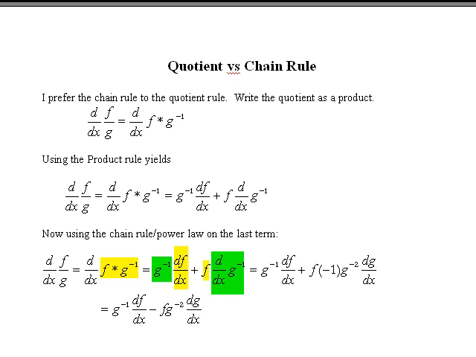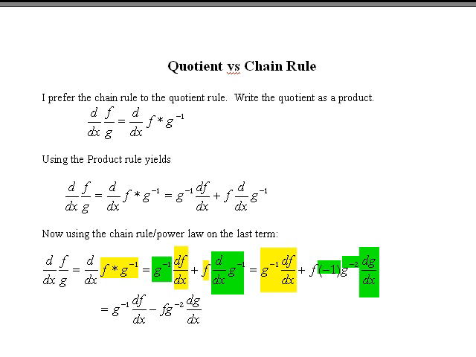This term, which I'll put all in yellow, is no problem. And now, to take the derivative of this g to the minus 1, I have to use that chain and power law. The minus 1 comes out in front, the g turns into a g to the minus 2, and now I have to take the derivative of g with respect to x.